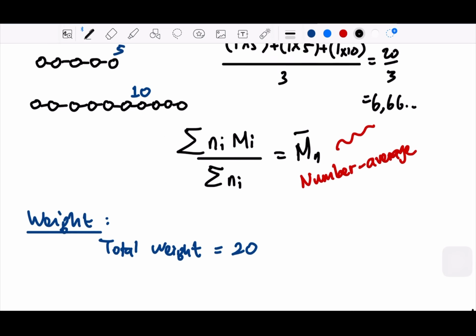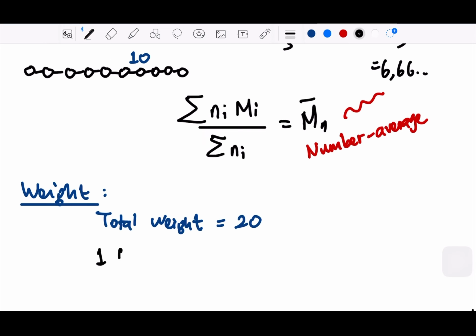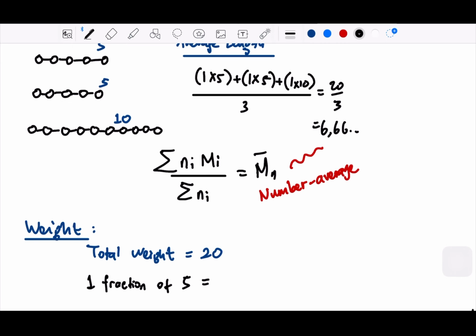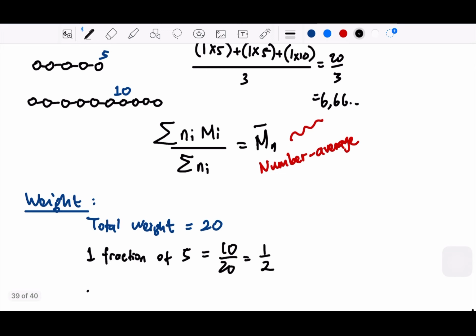We can say that the one that has one fraction of 5, 5 is 10, right? 10 by 20. It's half. And then another fraction is 10, but 10 is only 1.